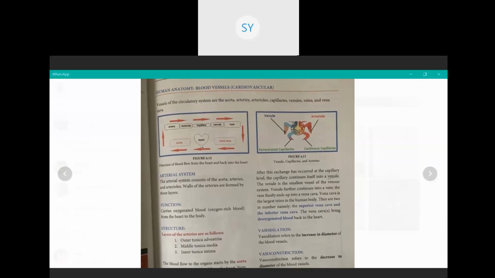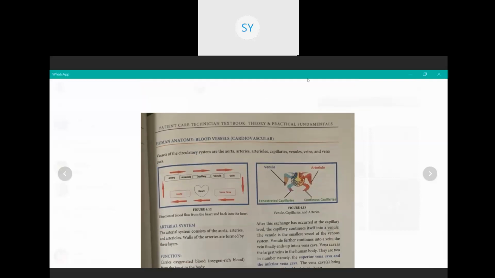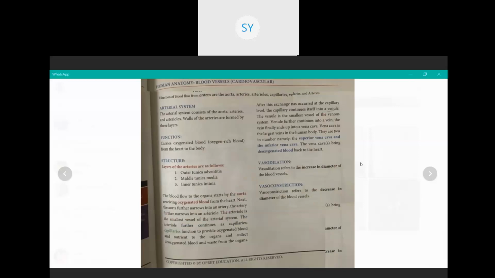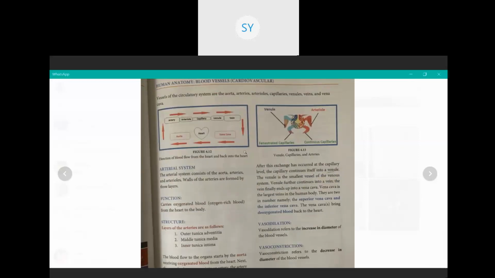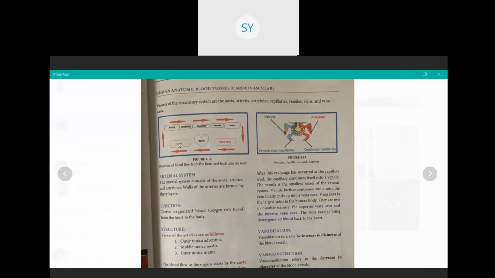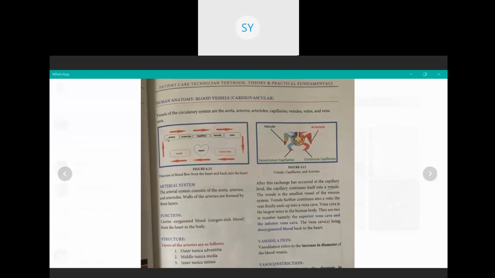as you know, helps to regulate the oxygenated blood in our body, okay? You can see here, from the aorta, this is the biggest portion of the artery, and this one is going to be an artery.